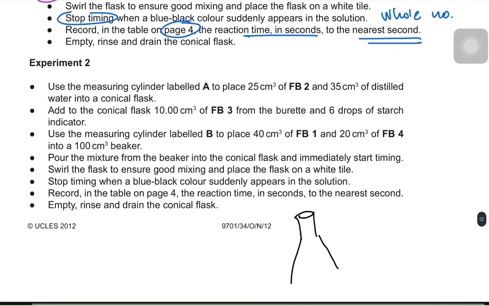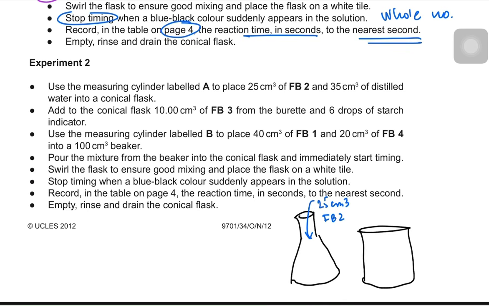Experiment 2 again has the conical flask and the 100 cm cube beaker. It's very important to understand what we are placing in which apparatus so we can fill in the proper table. Like 25 cm cube of Fb2, and this time you have 35 cm cube of distilled water. You can realize I have increased the volume of distilled water.